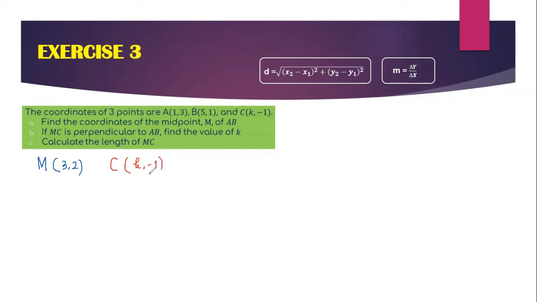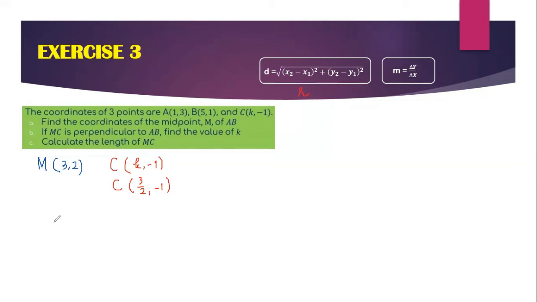But we got k already, right? So C is (3 over 2, minus 1), because we got k is 3 over 2. Now we're going to calculate the length of MC. Length of MC or distance or segment are equal. This one is the formula.